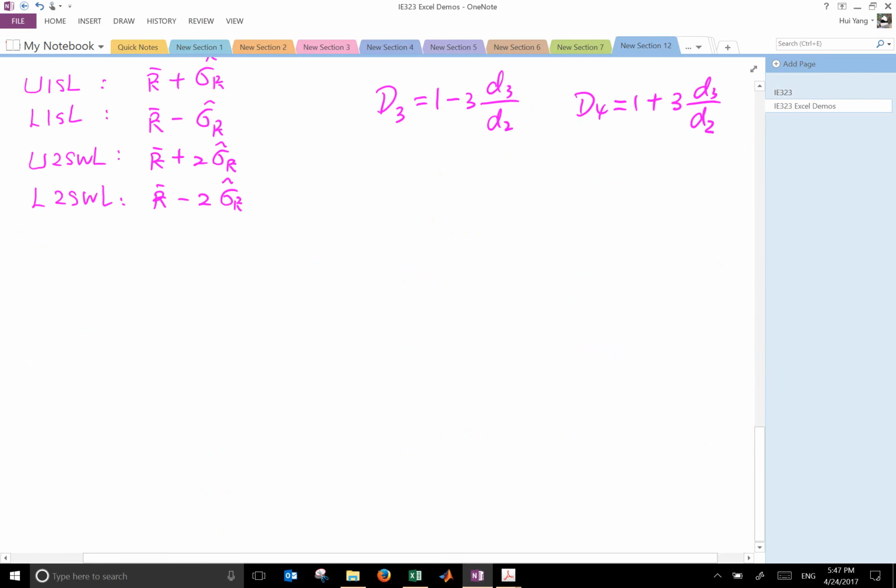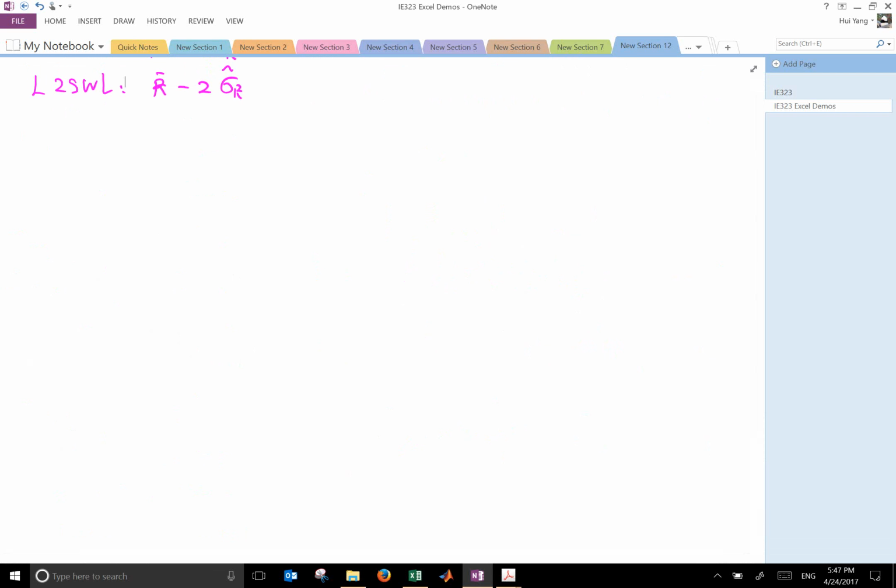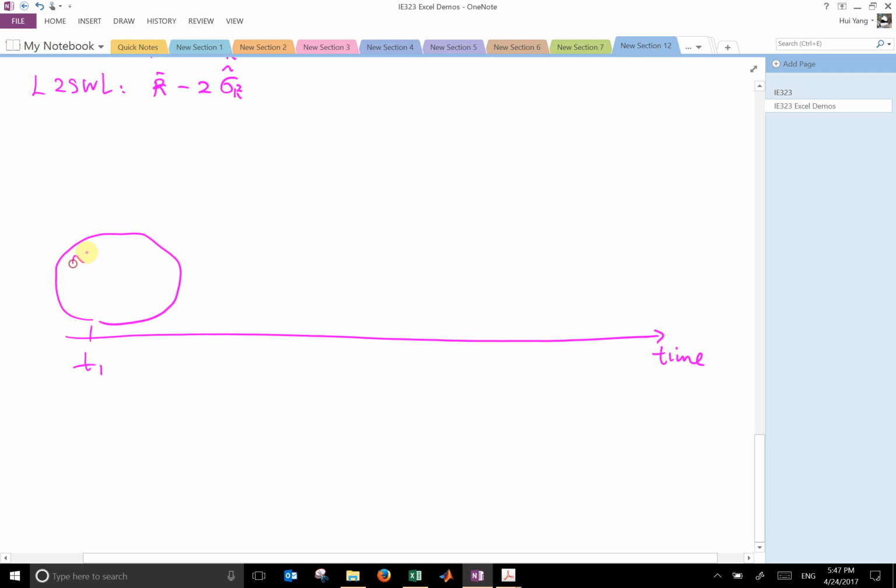Let me give you an example here. Suppose we collect a bunch of samples over time. So this is time. At T1, we can collect a group of samples, X11, X12 to X1n, and we count D1, the number of defective items.